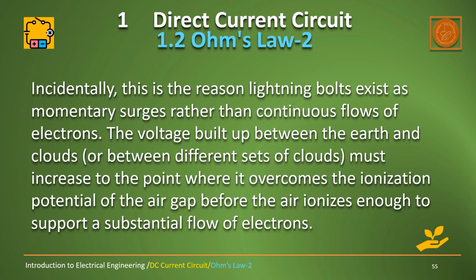The voltage built up between the Earth and the clouds, or between different sides of clouds, must increase to the point where it overcomes the ionization potential of the air gap before the air ionizes enough to support a substantial flow of electrons.